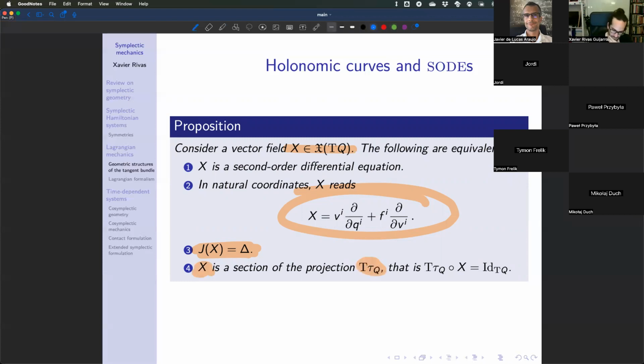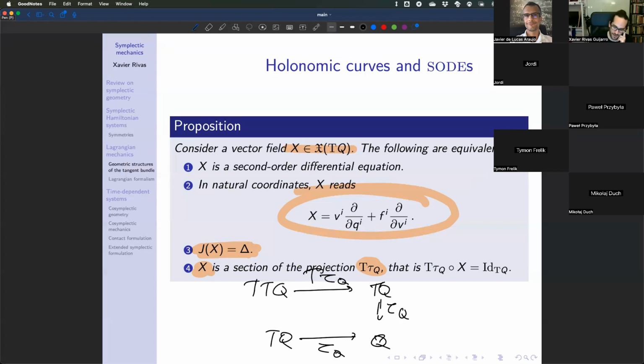This is something that you have to take into account. It looked tricky to me at the beginning, because when I began working with these things some years ago, of course, I knew that I have this projection here, but you can write your projection here and lift this canonical projection to TTQ.